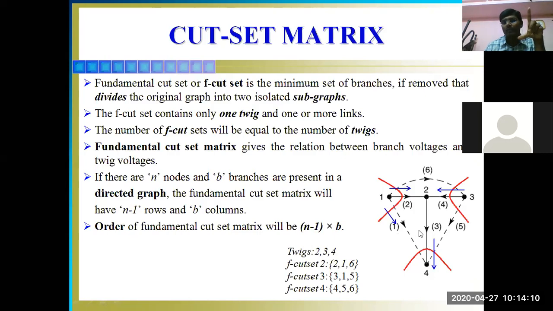You remember that. So this is the way of forming the cut sets. The number of cut sets is equal to the number of twigs, and the number of twigs is equal to n minus 1.